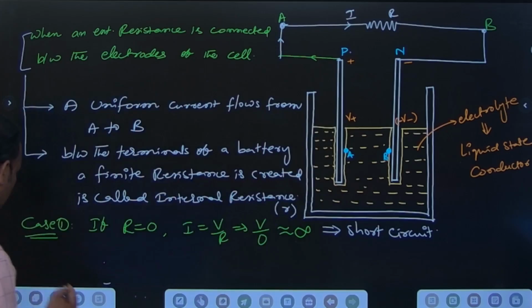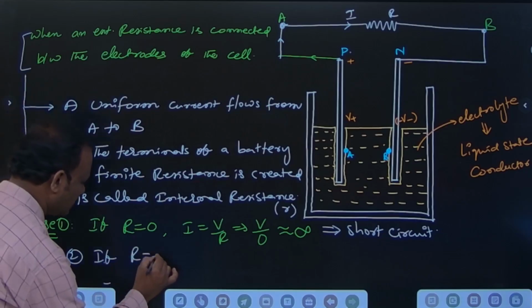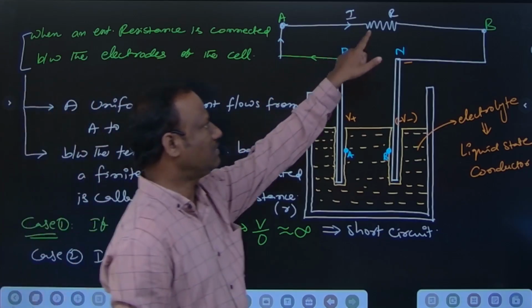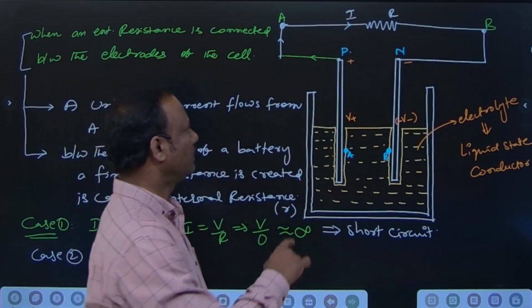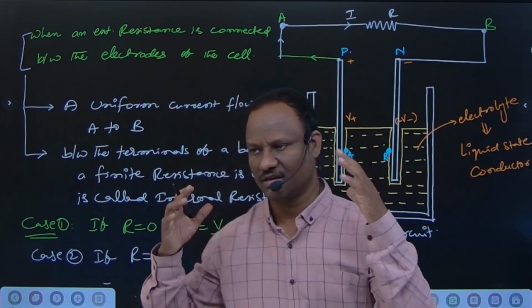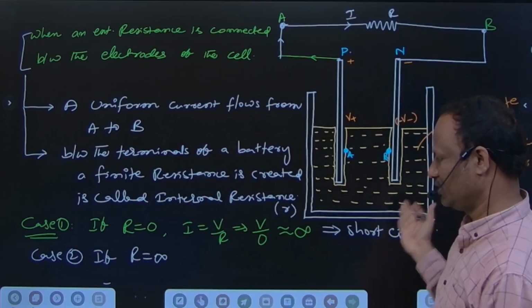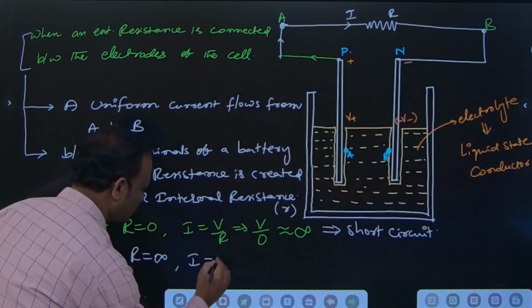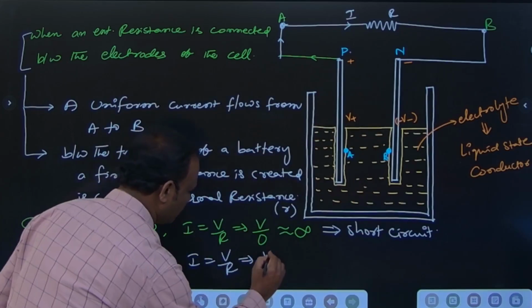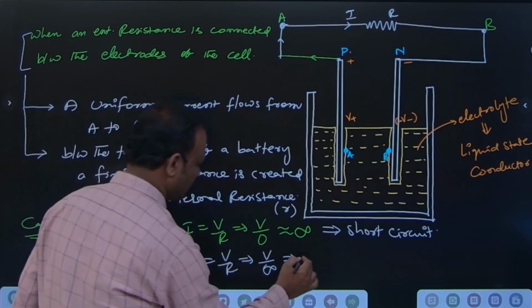Next, case two. If resistance R is infinity, the maximum amount of external resistance is connected in the circuit, acting like a barrier. It won't allow the current to pass through. Then I equals V by R, which means V by infinity, and 1 by infinity is 0.